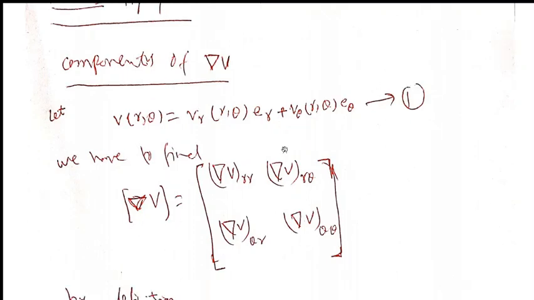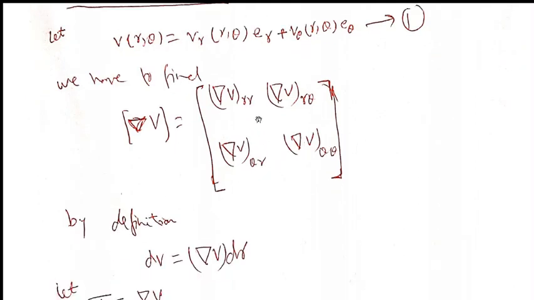Suppose that we have a vector valued function given in equation number 1 in polar coordinates: V(r, theta) equals Vr(r, theta) Er plus V theta(r, theta) E theta. It has two components, so there would be total 4 components for gradient of vector v. First, second, third, fourth. Now we have to find these 4 components.